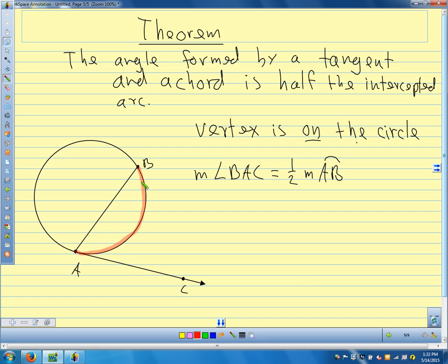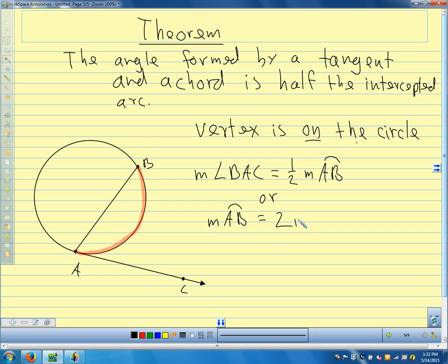But the angle is half that arc. And we could turn it around just like we said before. Or the measure of arc AB is 2 times the measure of angle BAC.